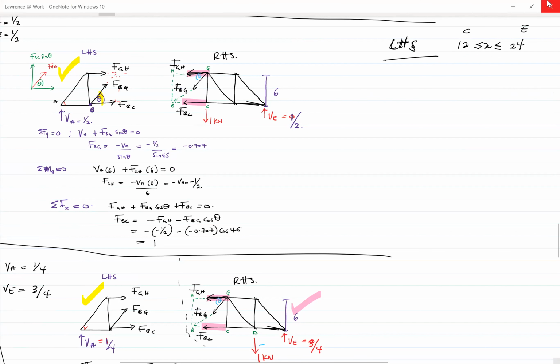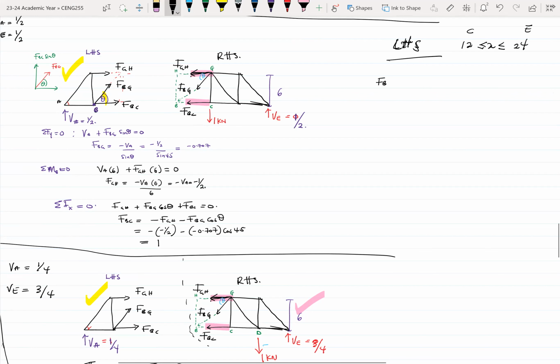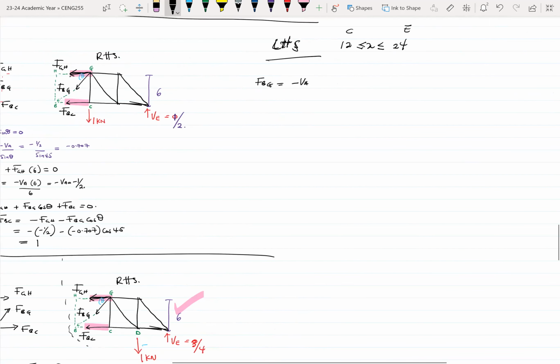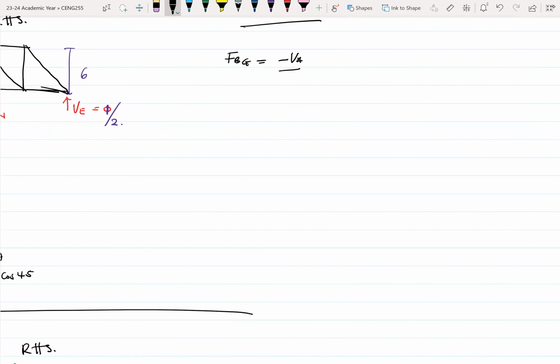Our FBG will be equal to minus VA over sine theta, and our VA is, sorry, 1 minus x over L. So this becomes 1 minus x over L divided by sine theta.